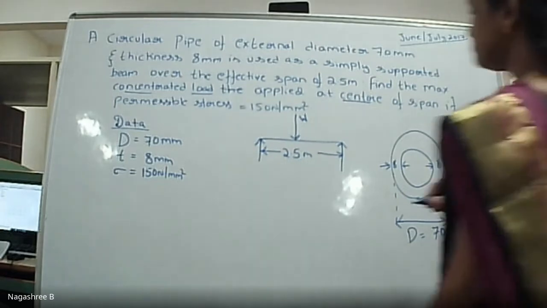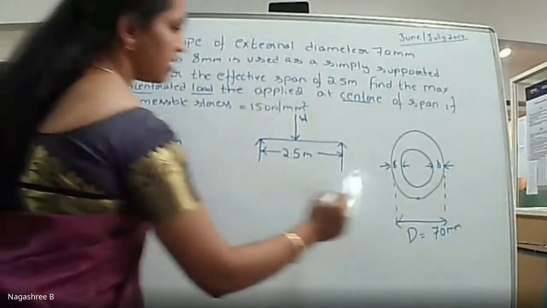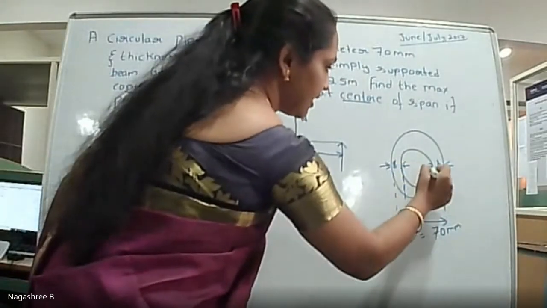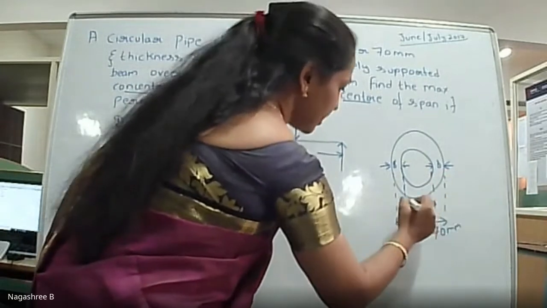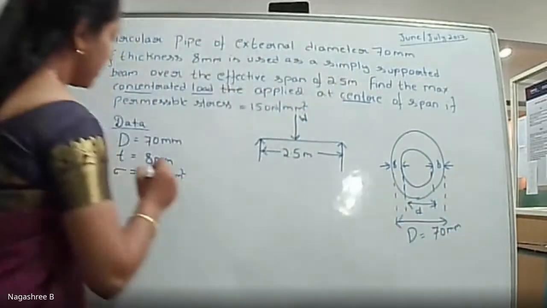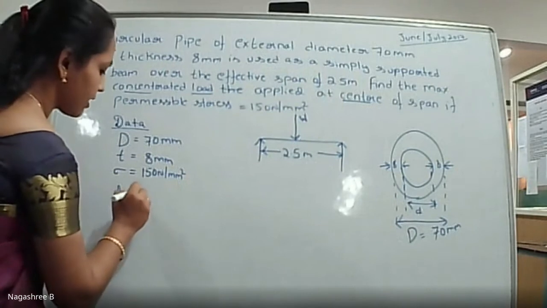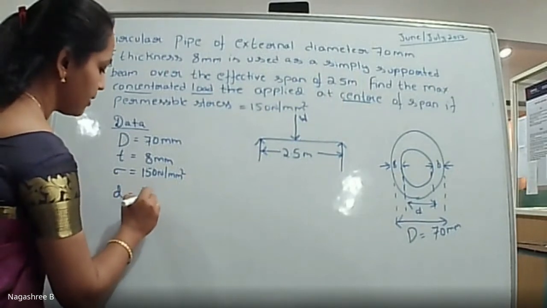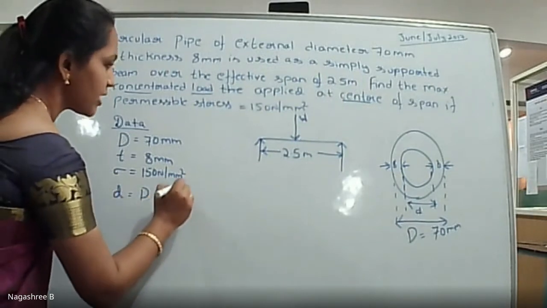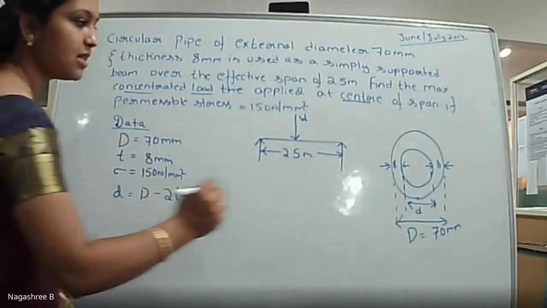Therefore I can write the internal diameter, small d, as the external diameter minus 2 times the thickness. Why 2 times the thickness?